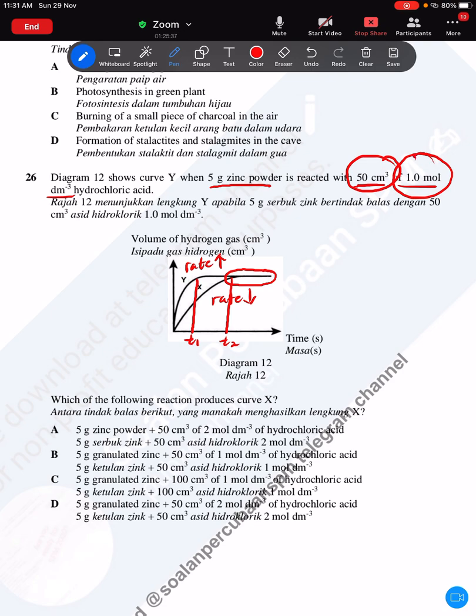But what caused the factor to change? Now I'm using powder, higher rate of reaction. Most probably, the X is in a lump, a bigger lump. That's why it's going to have a lower rate of reaction, but still will meet at the same particular point. Please keep that in mind.